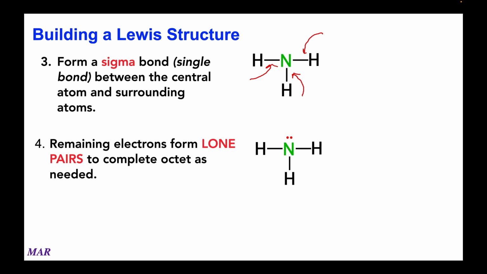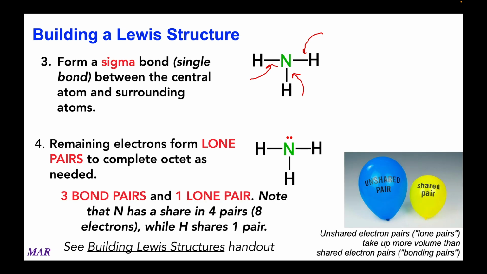So at this point now, you can see that nitrogen has 3 bonding pairs and 1 lone pair. It has 4 pairs total. That's an octet. And nitrogen in group 5 wants to have 8 minus 5, 3 bonding pairs. And you can see that it does. It has 3 pairs to hydrogen. This is the Lewis structure for ammonia, NH3.